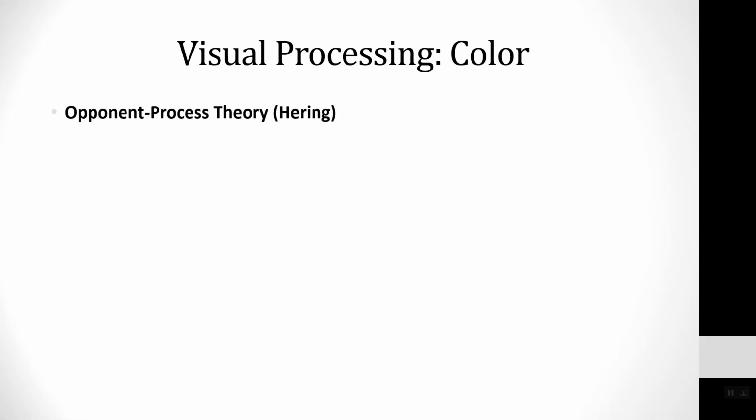Now, the opponent process theory explains why we see after images, and it helps to explain the rest of color vision. So what the opponent process theory proposes and has found is that there are pairs of visual neurons that work in opposition of each other. In other words, there's an opponent process of these opponent cells in the retina.